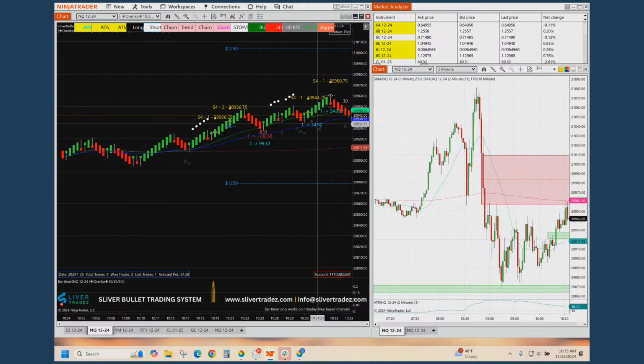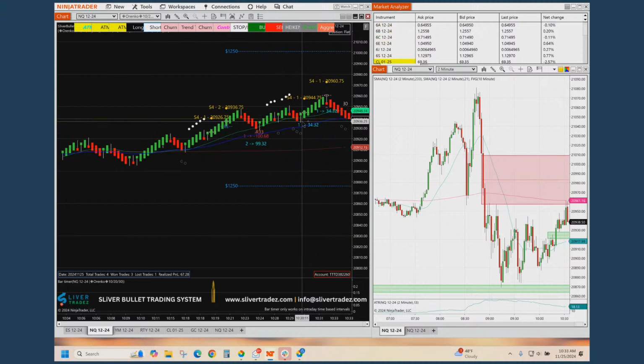Every swing, every movement gives us an opportunity to take a trade. It's just that our risk management stops us from becoming overly greedy. Otherwise, I can take a contrarian long trade here. Say 2 dots is 2.